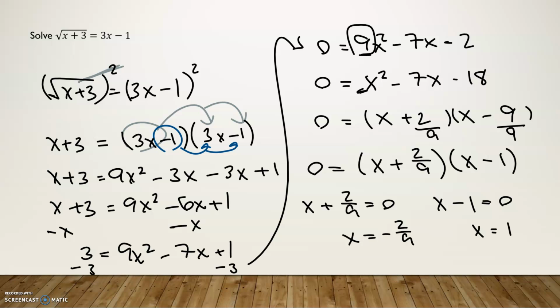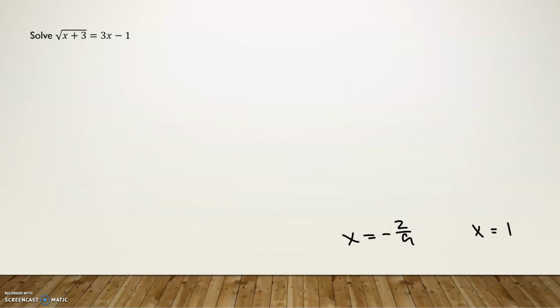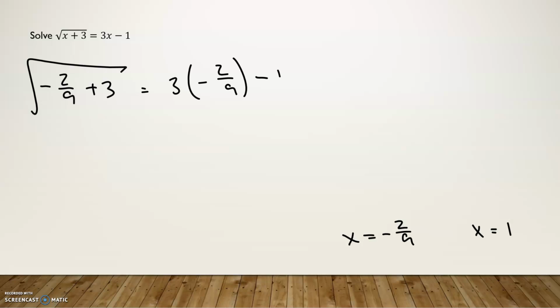Now I need to go back and check my answers for both of them. So let's check that negative 2 over 9. Okay, so this is over 1, and I need 9 on the bottom, so multiply by 9 over 9.